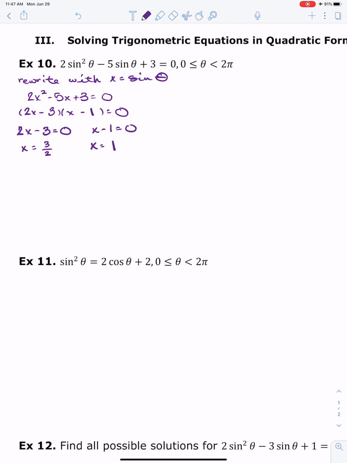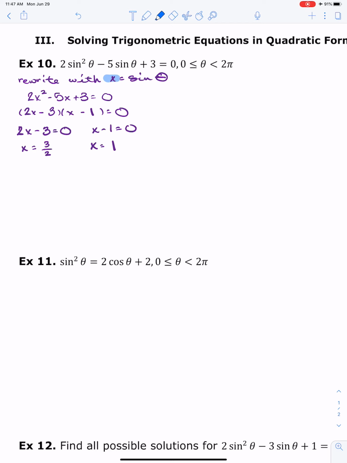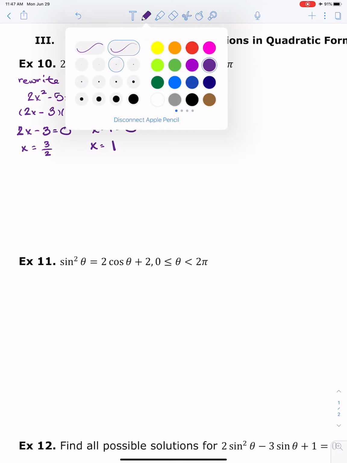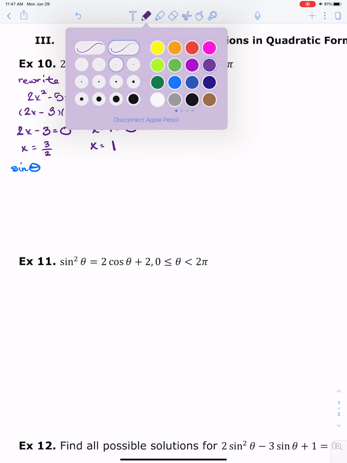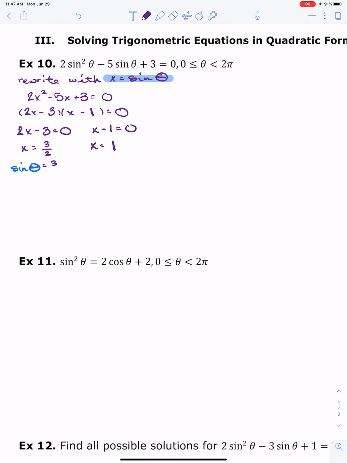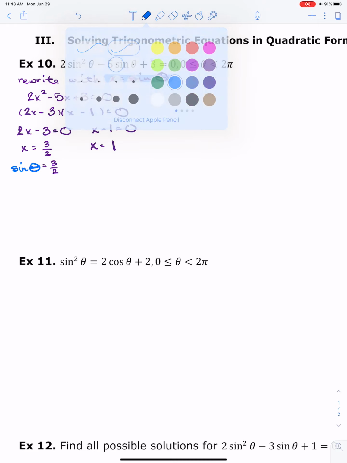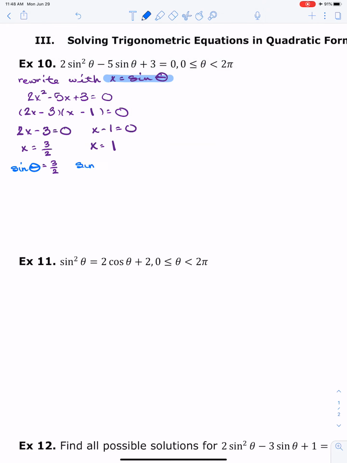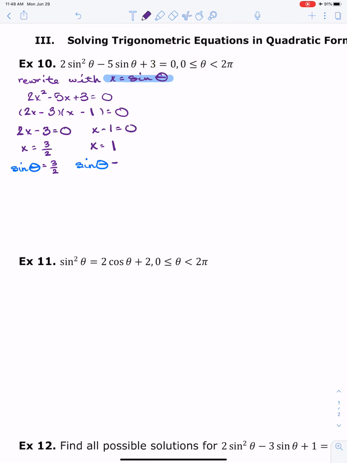Okay, and so now I'm going to go ahead and replace my x with my sine theta. So this says that sine theta equals 3/2, or the sine of theta equals 1.